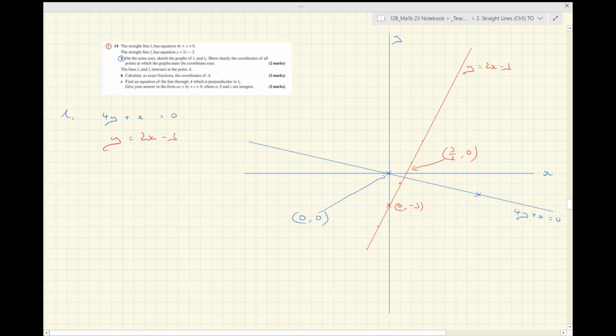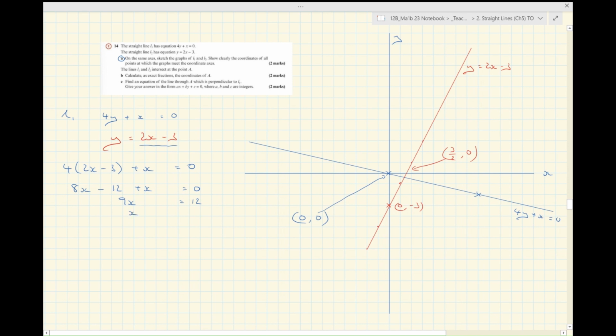Right, part B calculates as exact fractions the coordinates of the point of intersection. Right, I've got this expression for y here, and I'm going to substitute that into the equation for L1, which is going to give me 4 lots of 2x minus 3 plus x equals 0. Let's multiply out the bracket. 8x minus 12 plus x equals 0. 9x equals 12.